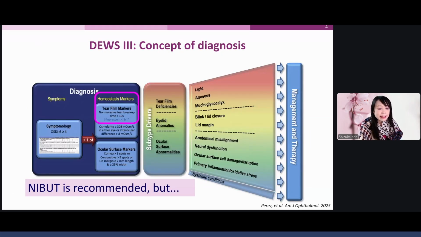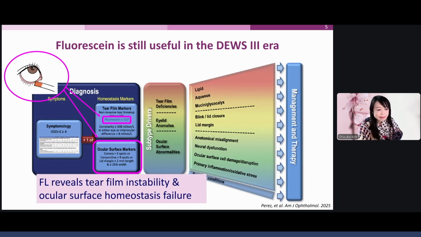DEWS III recommends non-invasive TBUT whenever it is available. However, these devices are not available in every clinic. If we look closely at this figure, fluorescein TBUT is still included with a cutoff value of less than 5 seconds.